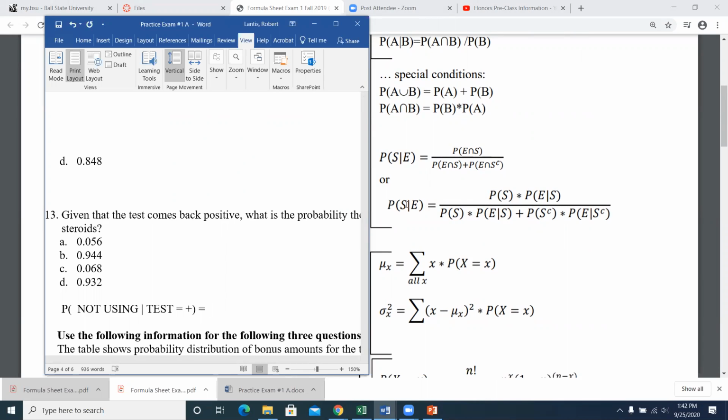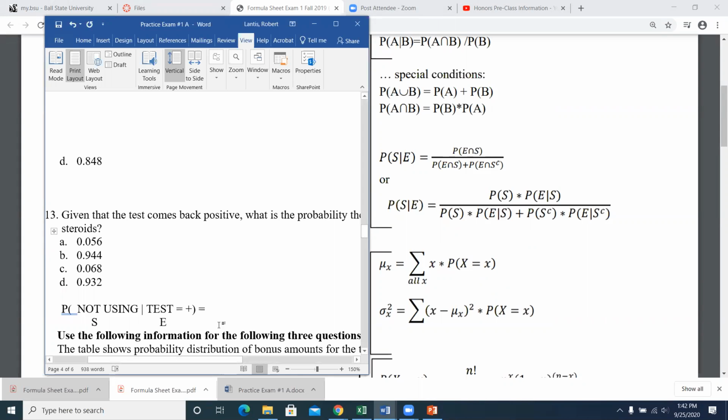If I look at Bayes' theorem, I'm trying to find this conditional probability. Here's my S, and here's my E. Here's my state of nature, here's my outcome for the test. I think the easiest way to do this is to write this formula out in the context of your example.